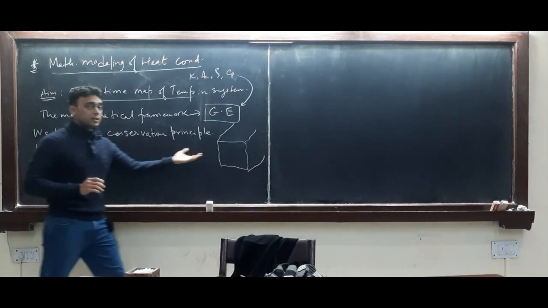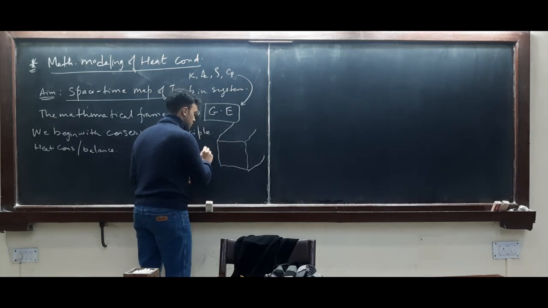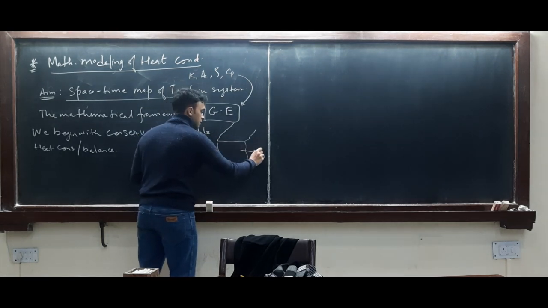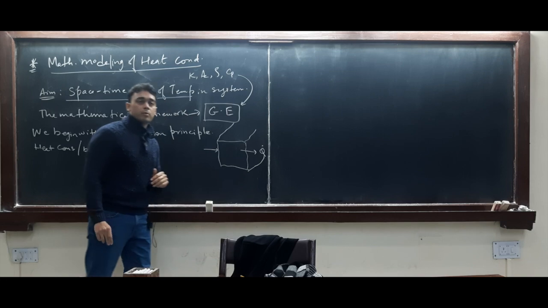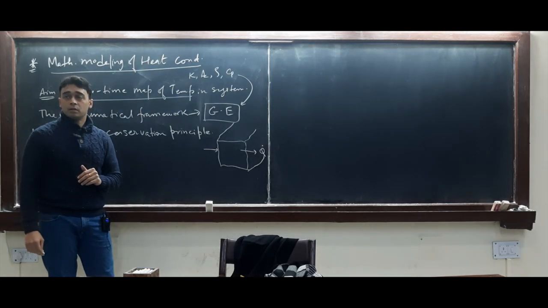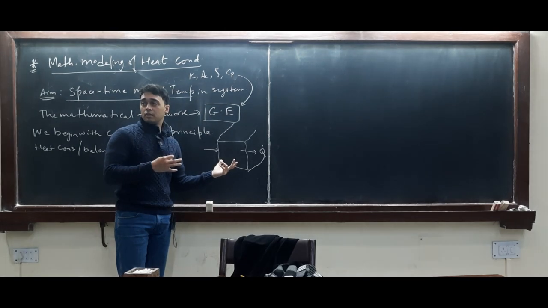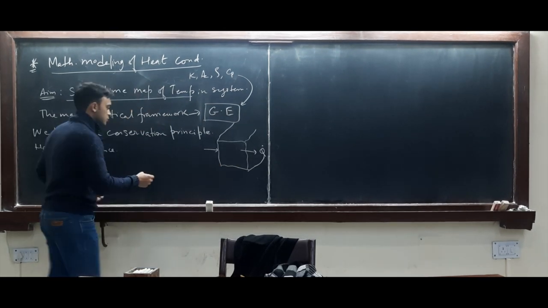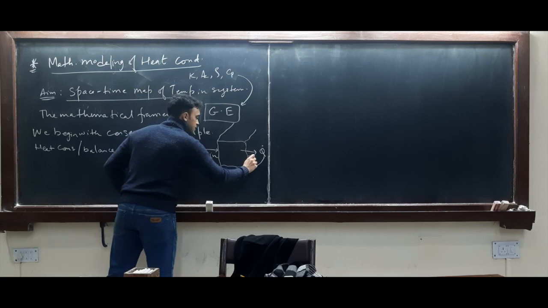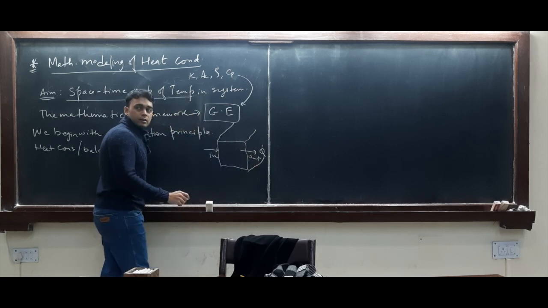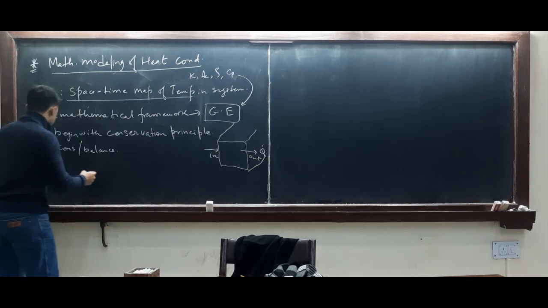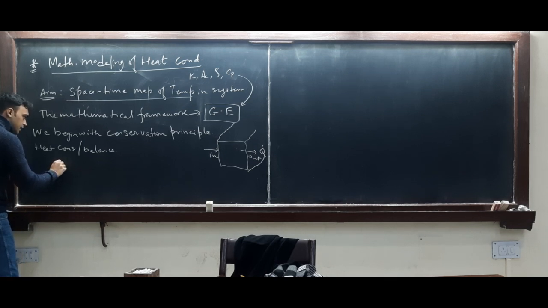So you have this material in which you are doing heat transfer. Let's say you have this Q dot going from here to here. Heat entering, heat plus heat loss is equal to... So there is some in and there is some out. In is equal to out plus loss.